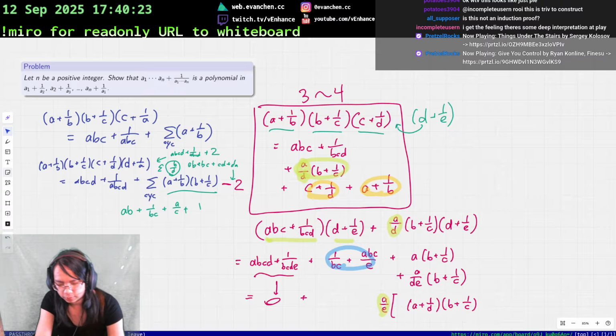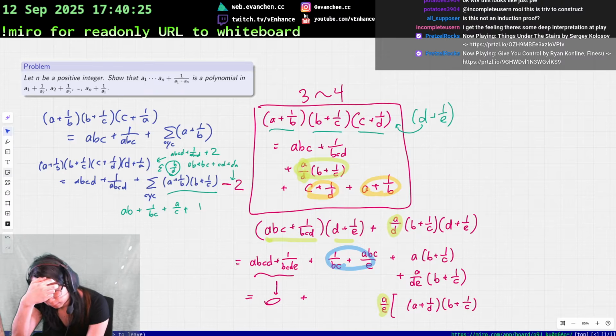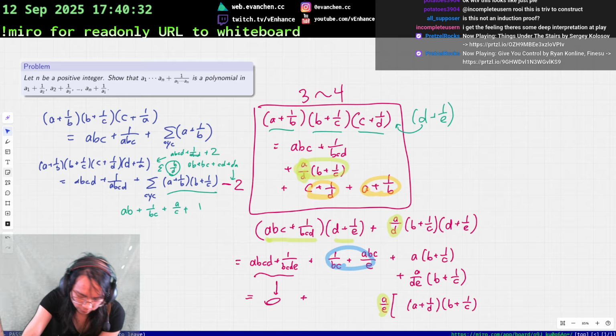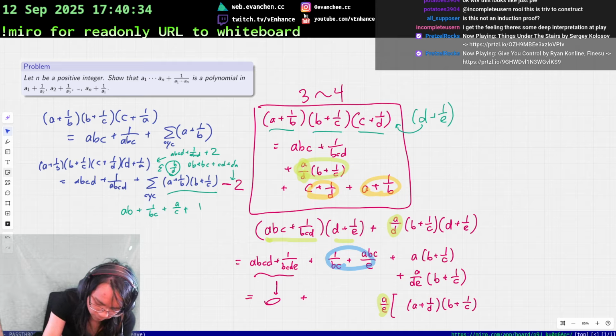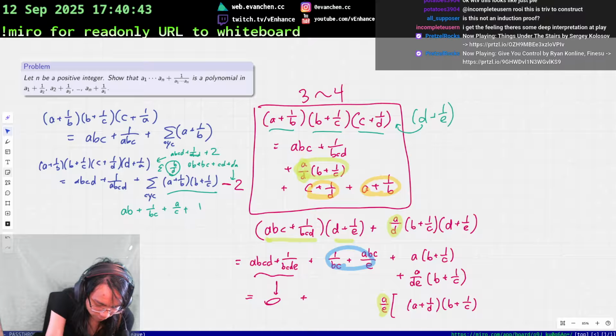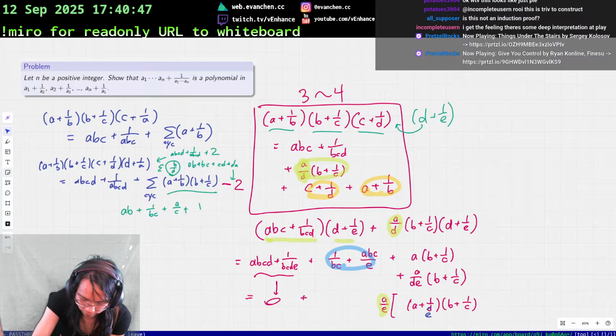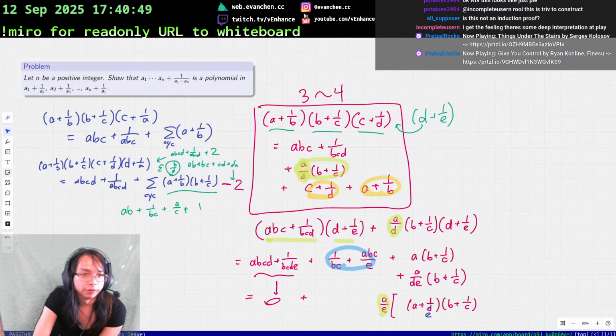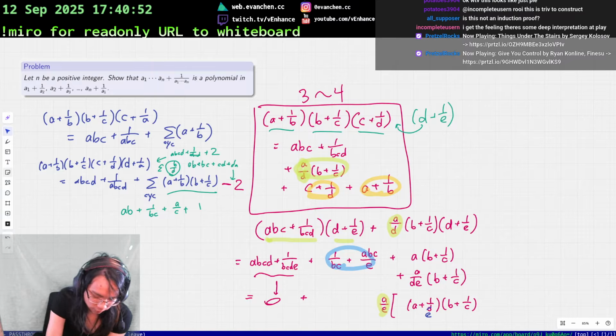Oh, that's interesting. So 1 over d showed up. How did that happen? I wanted this one to be an e or something, so that it's still polynomial in the 4 things I had, but it's not. Really? It's 1 over d?